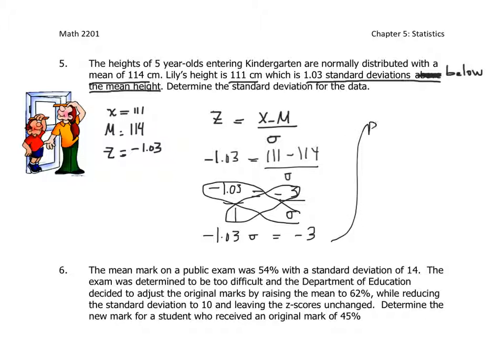And then to get the standard deviation by itself, we divide both sides by negative 1.03. And that gives us 2.9126 and so on. So we round that off to 2 decimal places. That would be 2.91.